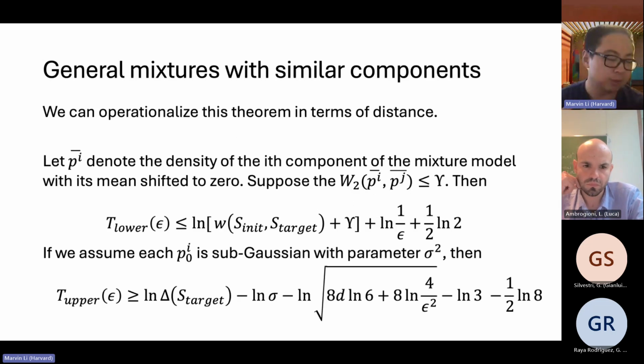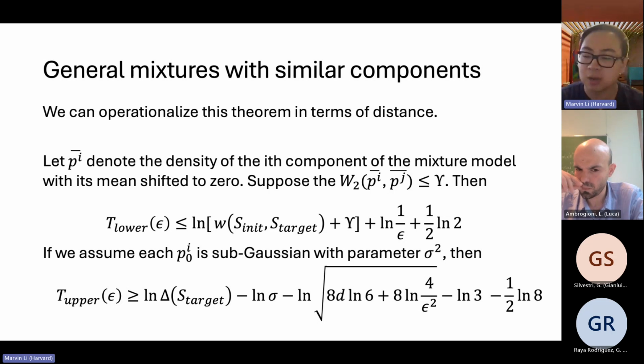So it turns out we can write these terms more concretely. Instead of total variation, we can operationalize them. If we let pi overline denote the density of the ith component when you mean-shift it to 0, and you let the Wasserstein distance between pi and pj be bounded, right? That term is just subsumed inside T lower by the width of S init and S target, so the farthest distance between means in S init and S target.